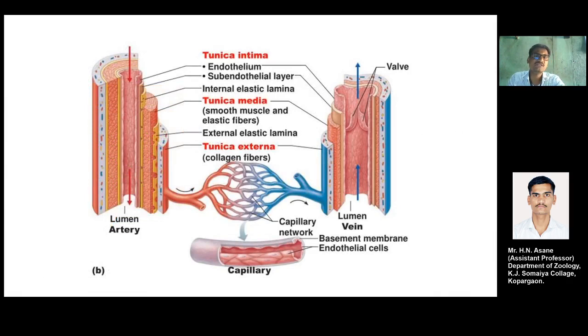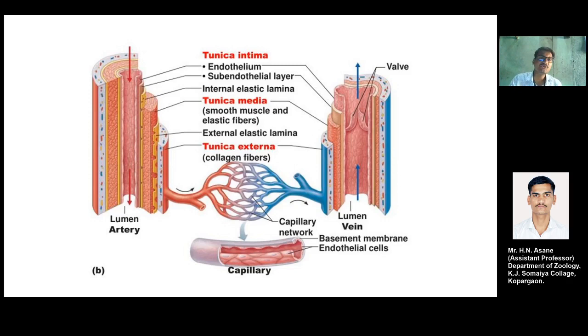you will see all the layers, and in between you will see the capillary network. You will see all the structures over here. So we will compile the structures from what we have seen: the large elastic arteries, the medium sized muscular arteries, or the small terminal arteries and arterioles, all in one picture.